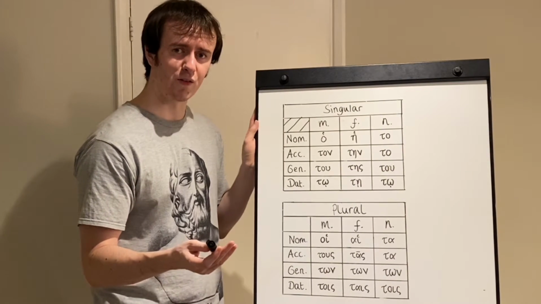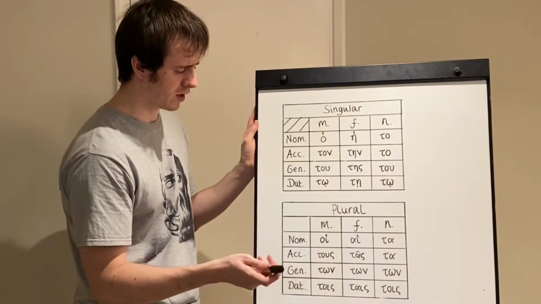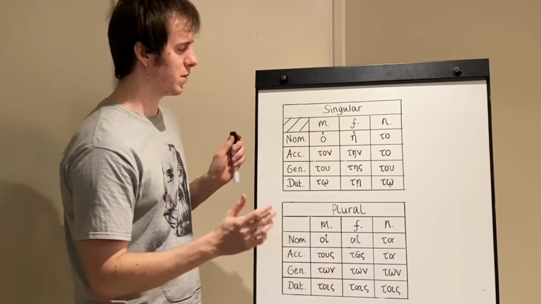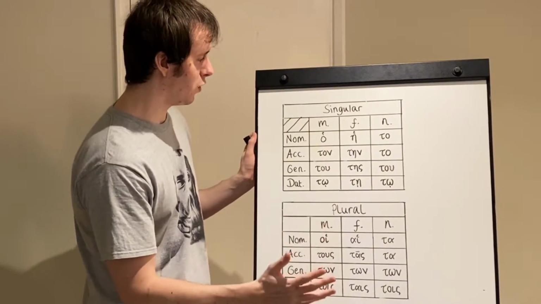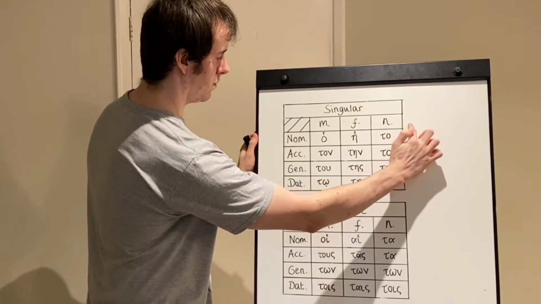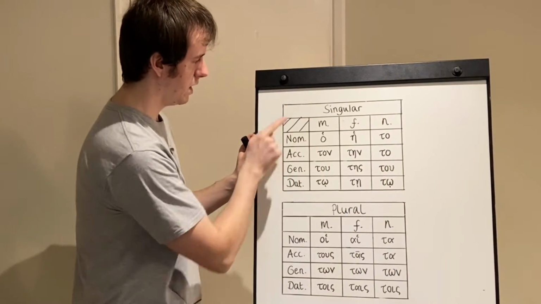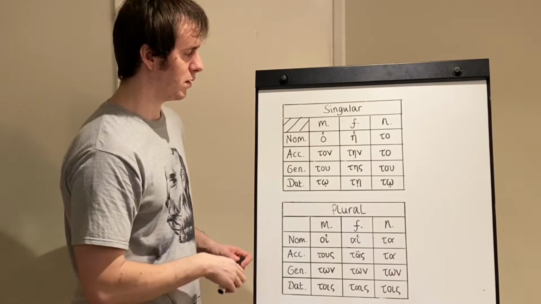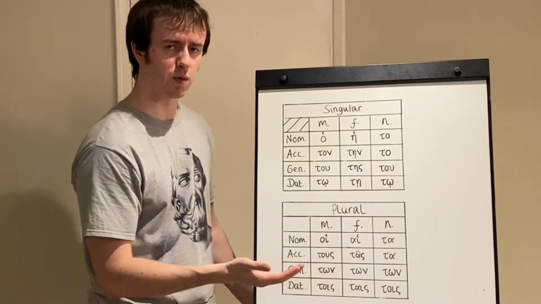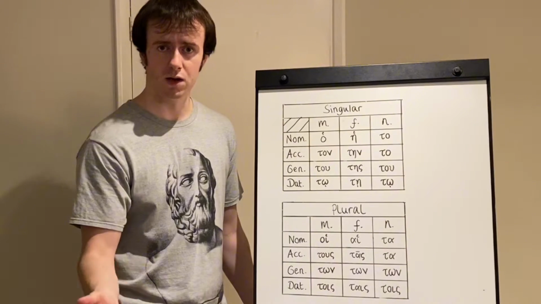So there are 24 forms of the definite article, but some of them are identical to each other, because of the fact that it changes its form according to gender, case, and number. So let's now find out more about each of these three qualities, gender, case, and number, one by one.